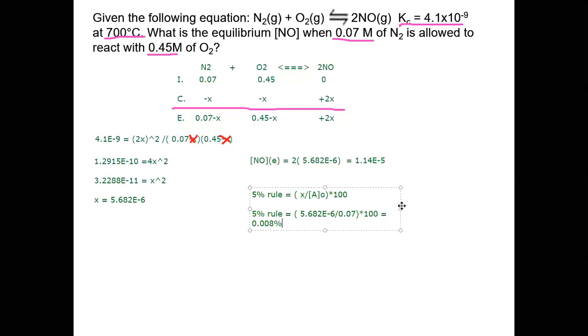We have very little change in X. Now to check our K, since we made the approximation, we assume there's no change in the concentrations from the initial concentrations of reactants.